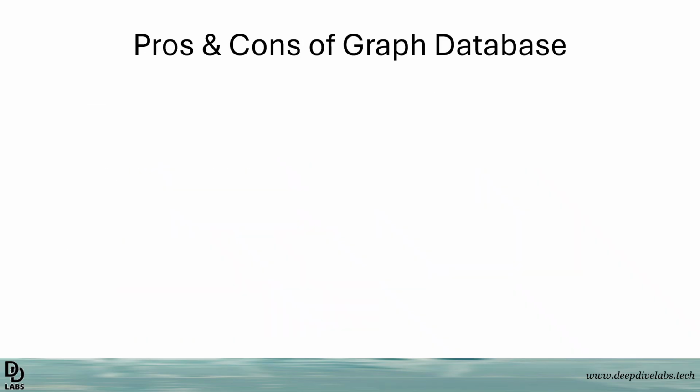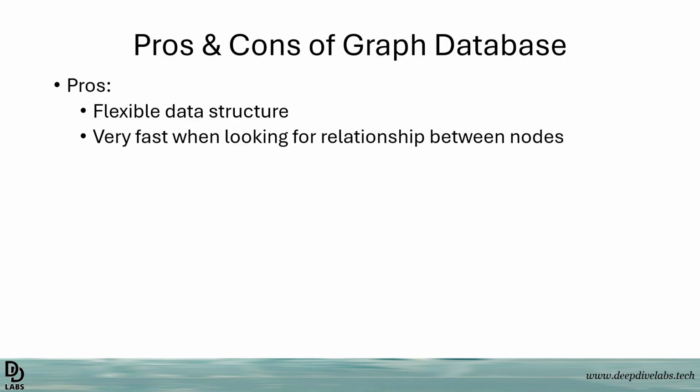So let's take a look at the pros and cons of your graph database. Some of the advantages are its flexible data structure. It's very fast when looking for relationships between nodes, because it's based on graph theory. So you can do a lot of other interesting things like traversing through the graph to see how many nodes are connected, etc. It's really fast to traverse the nodes.